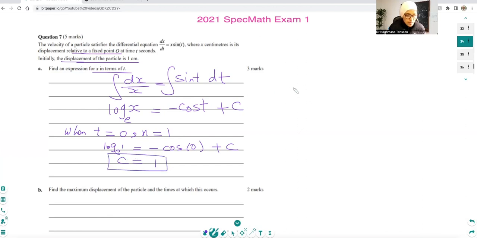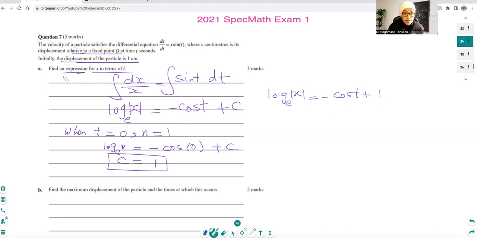Now that means the answer is log e x is equal to negative cos t plus 1. One thing we need to make sure is that this x here is positive, because the log is defined on positive numbers.